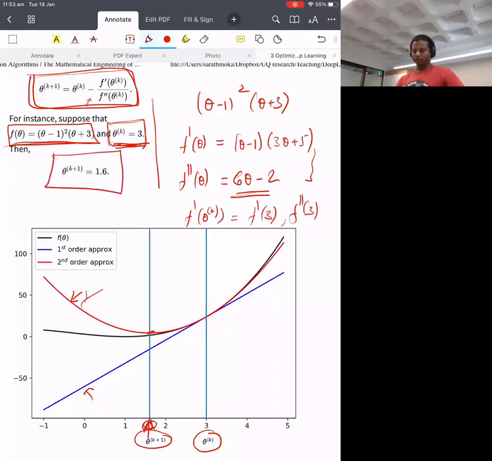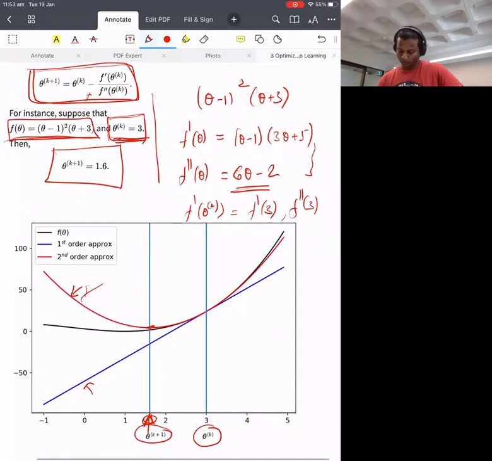You can just substitute values, because that is where the second order approximation takes its minimum value. You come here. It might not be the minimum point for the actual function f of theta, but it gives you a direction. That's how you update. And again, there are termination conditions, which we discussed earlier.